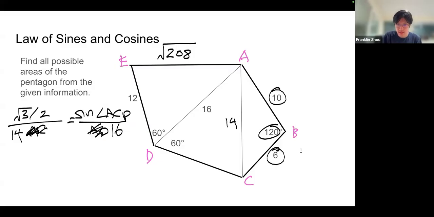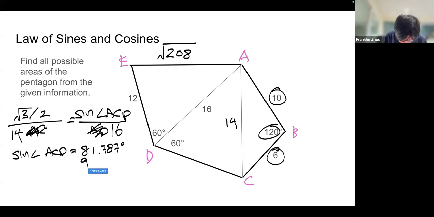But after evaluating the sine of angle ACD and taking the inverse sine, we find that angle ACD is either equal to 81.787 degrees or 98.213 degrees.